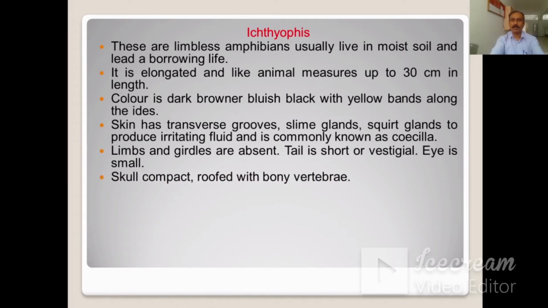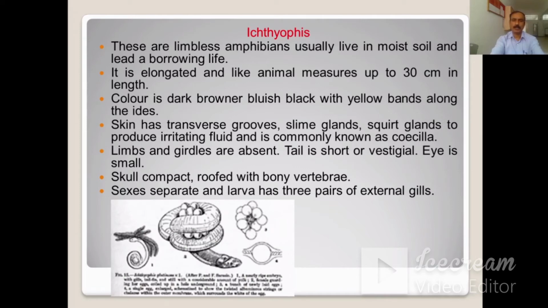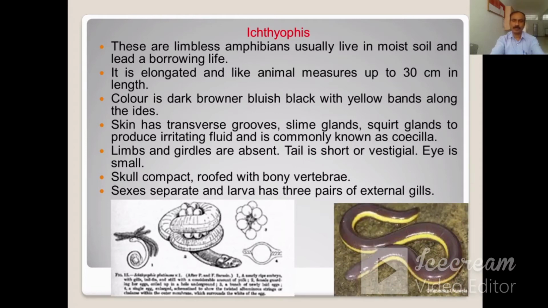Skull is compact, roofed with bony vertebrae. Sexes are separate and the larva has three pairs of external gills. So these are some figures of Ichthyophis.